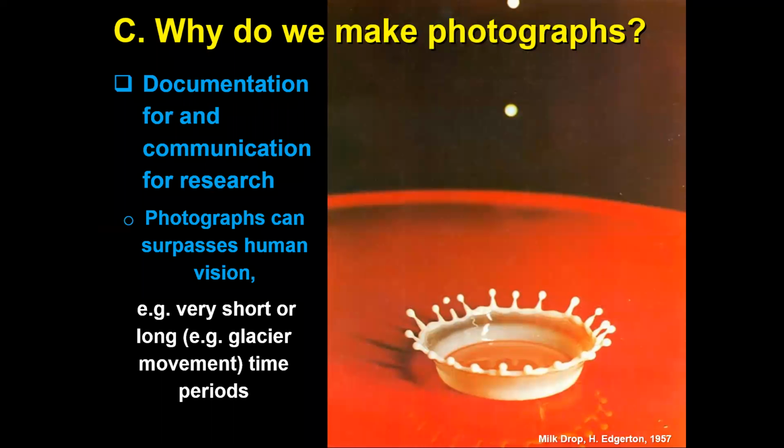And then we take photographs of very fast objects that we cannot see with our own eyes, and this is drops of milk going down. And I don't know exactly how they got the red, whether it was coloring on the surface of the milk or it was lighting.